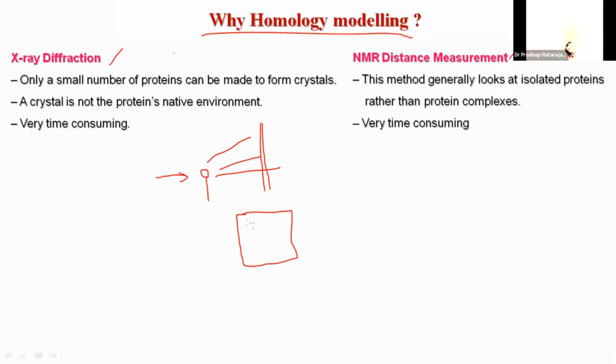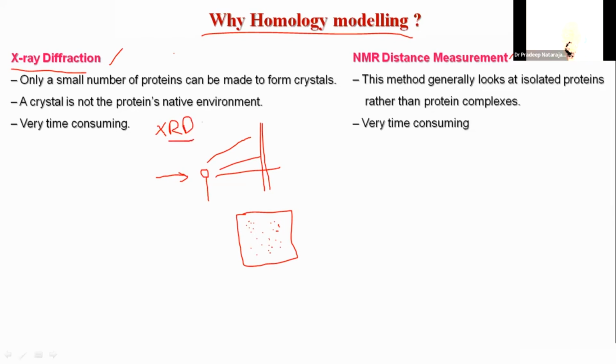After that, we will find the diffractions like these spots. These diffraction spots will be compared to the mathematical model, and based on both, we will define the X-ray crystallography structure, the XRD structure.